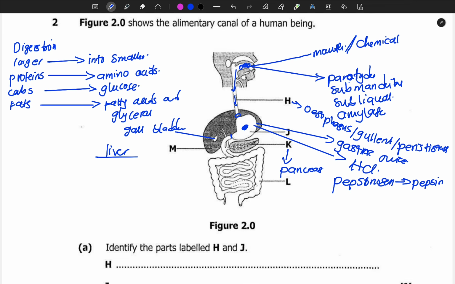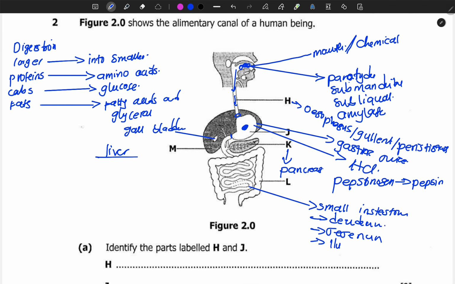After that, we have the small intestines. So the small intestines is made up of three parts. The first one is duodenum. The second one is jejunum. The third is ileum. So each part of this has a role to play.